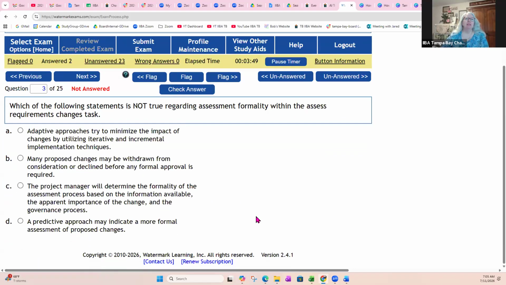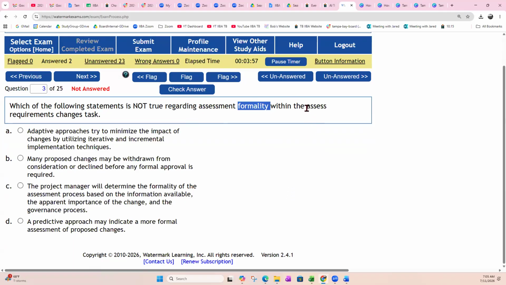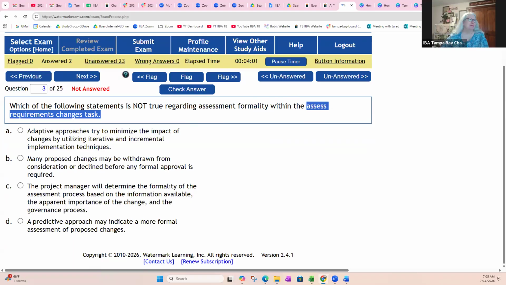Which of the following statements is not true regarding assessment formality within the assess requirements change task? So assess requirements change. It's not chapter 8, is it? We're in requirements lifecycle management. So assess requirements change. I realize we're doing a large body of knowledge here, so I'm going to remind you.